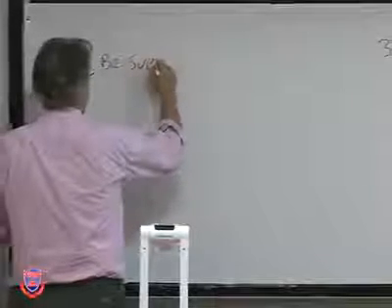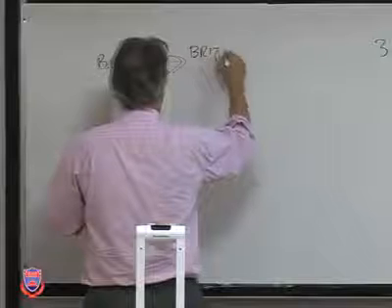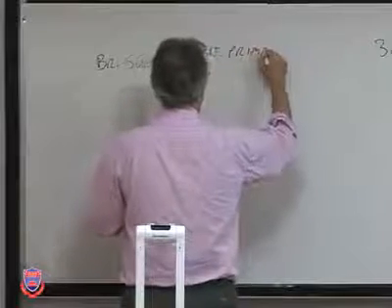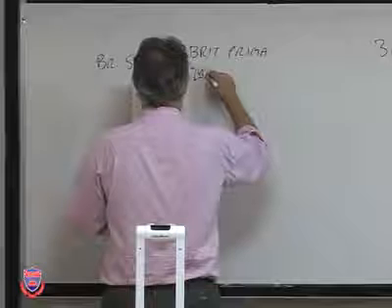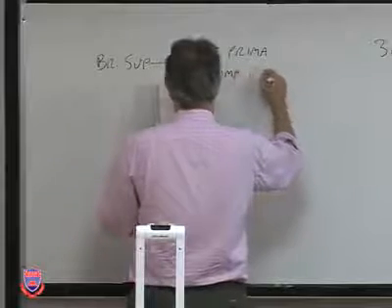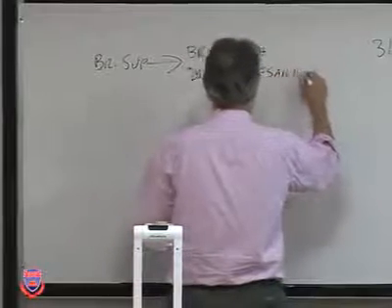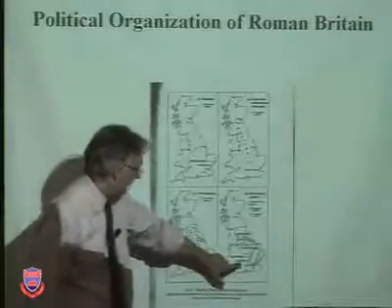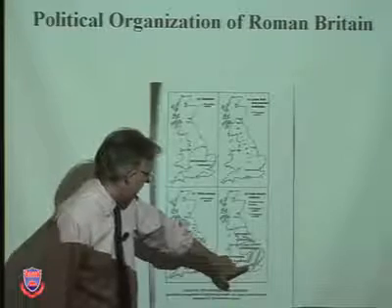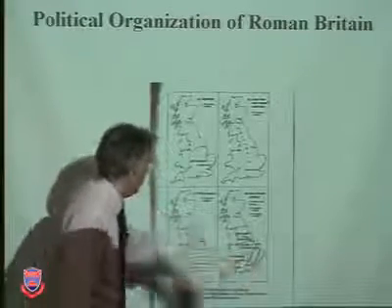So Britannia Superior becomes Britannia Prima and Maxima Caesariensis. So this is Britannia Prima based at Cirencester, and London again remains the capital for Maxima Caesariensis.